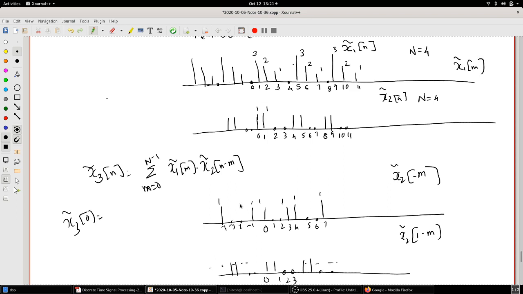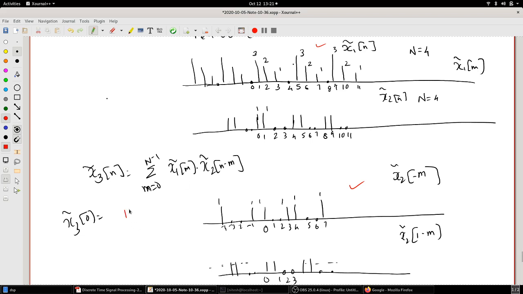When I do a one-to-one multiplication of this sequence with this sequence, I get 0 into 0, 3 into 0, 2 into 0 plus 1 into 1, so 1.